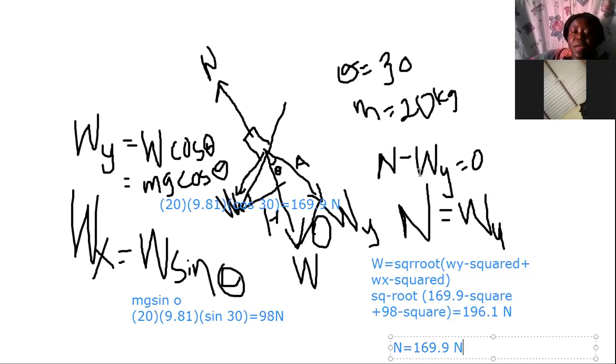So now remember we said that the normal force is equal to the weight in y. So the normal force there is equal to the weight that we calculated, 169.9, while our magnitude, our weight, is equal to 196.1.